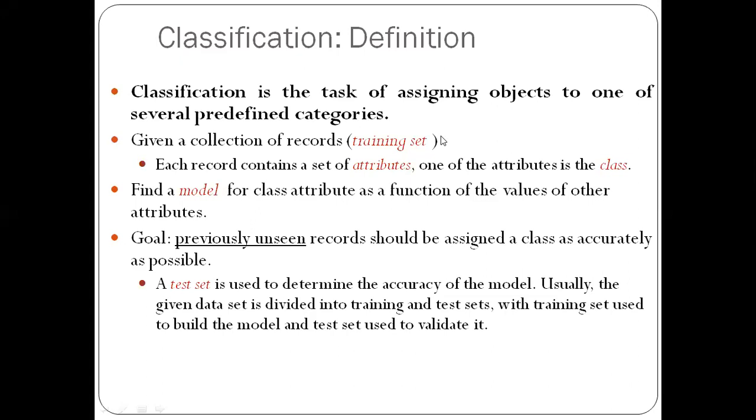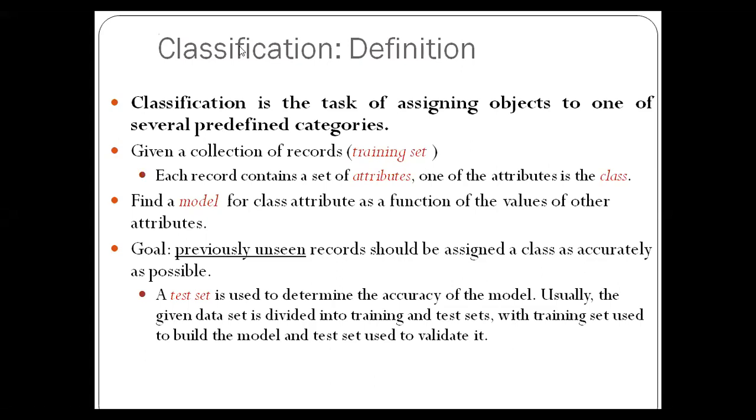In case of classification, we will be building a model. This model will be built as a function of the values of other attributes. So the main objective here is to build a model. The data set will be divided into two sets.